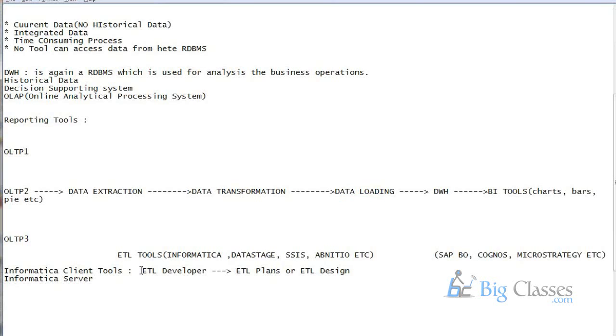As an ETL developer, you are going to make use of the Informatica client tools and design the ETL plans or the ETL design.